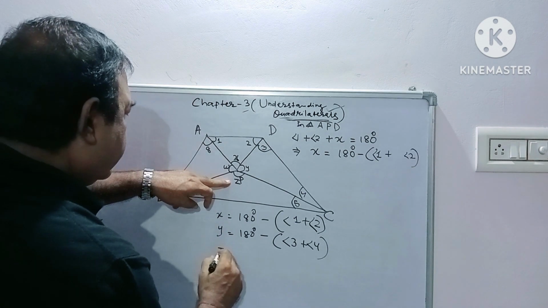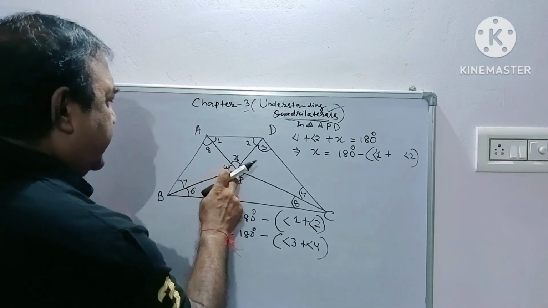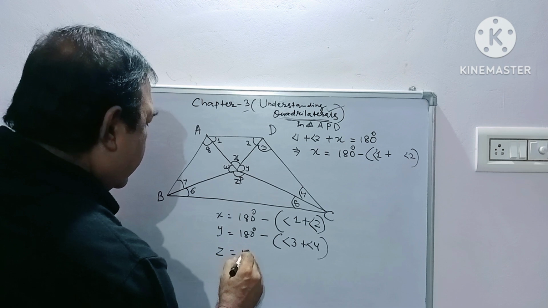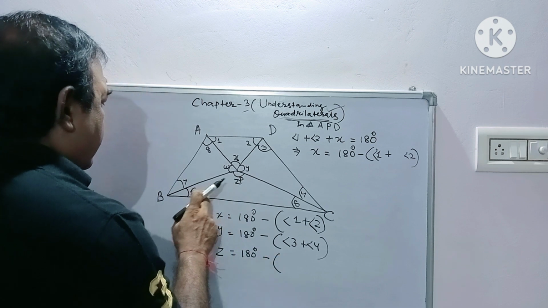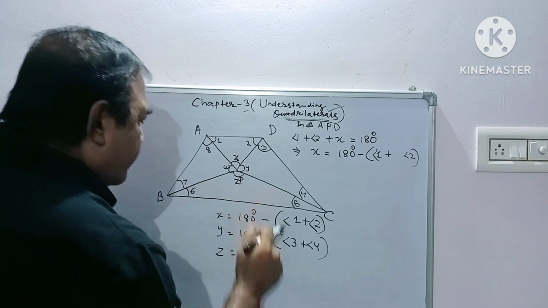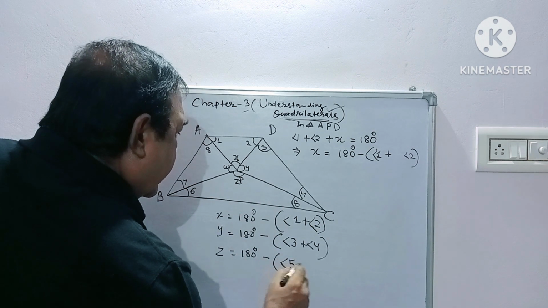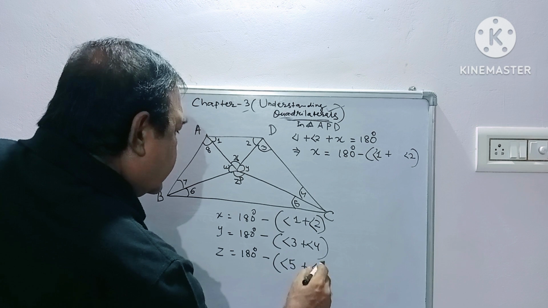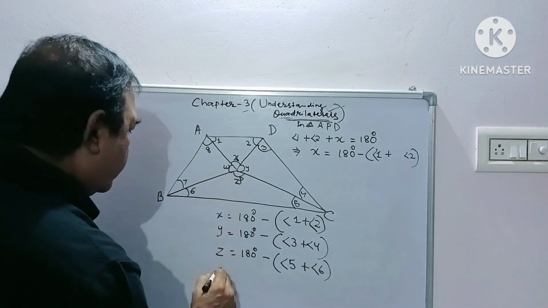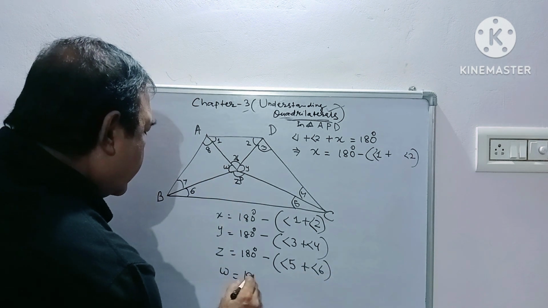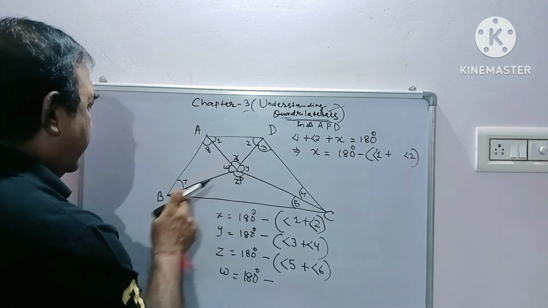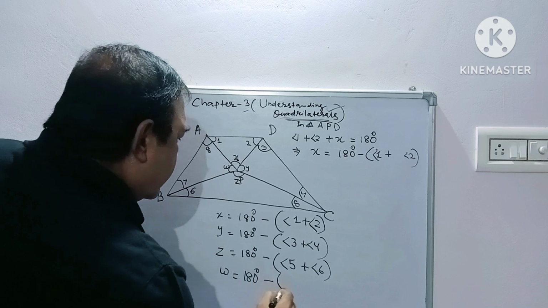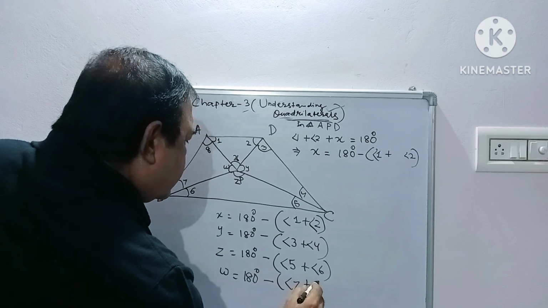Like this for Z, for this triangle BPC, I may write 180 degree minus angle 5 plus angle 6. Then come W, that is 180 degree minus, in this triangle APB, angle 7 plus angle 8.